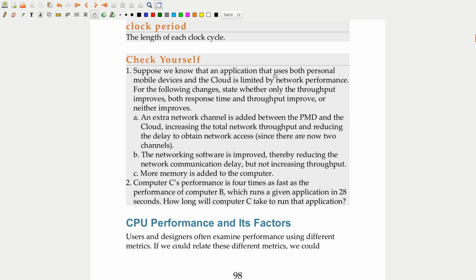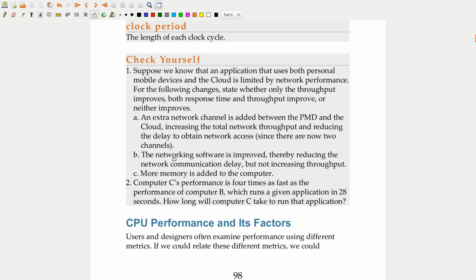So our bottleneck is network performance. That means our personal mobile device is running a lot faster than the cloud can keep up with us as far as network connectivity goes. A, an extra network channel is added between the personal mobile device and the cloud, increasing total network throughput and reducing the delay to obtain network access.